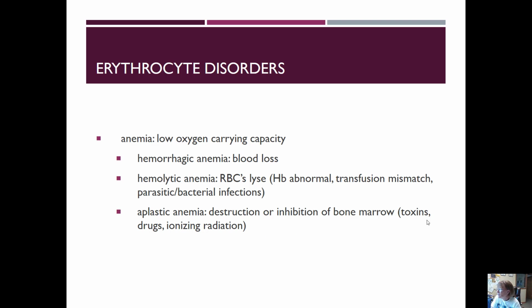We know that chemotherapy is a treatment, but chemotherapy is really toxins destroying our rapidly dividing cells, and unfortunately, that is usually an effect of being on chemotherapy: your bone marrow will not produce any of the blood cells that you need. Other kinds of drugs besides chemotherapy can affect that. And then here's ionizing radiation, if you're taking radiation therapy for cancer as well.